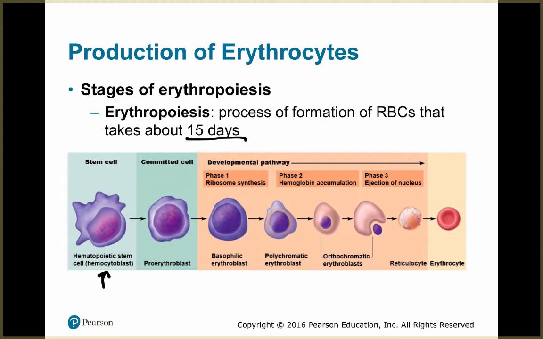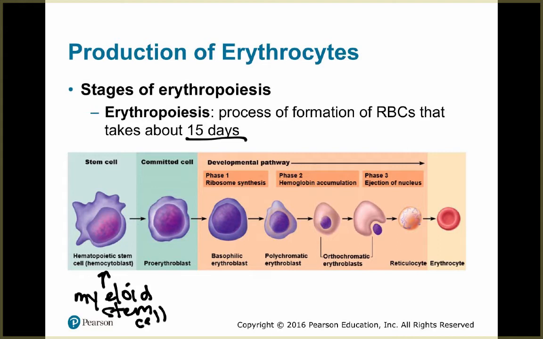And whenever we want to start making erythrocytes, this is going to end up transforming into a myeloid stem cell. And again, this is based on different hormones that are there.